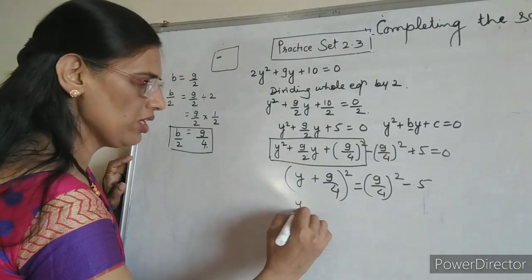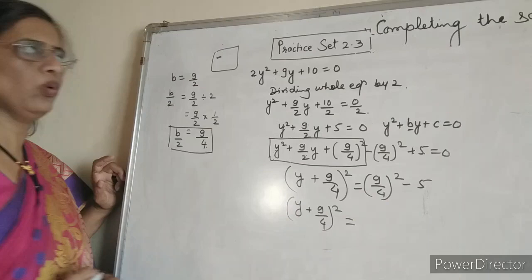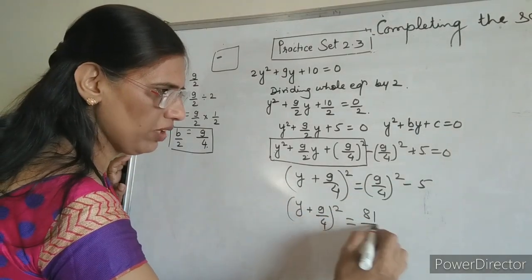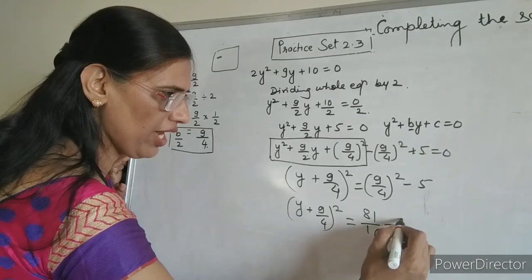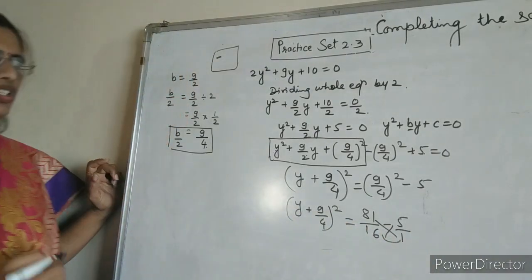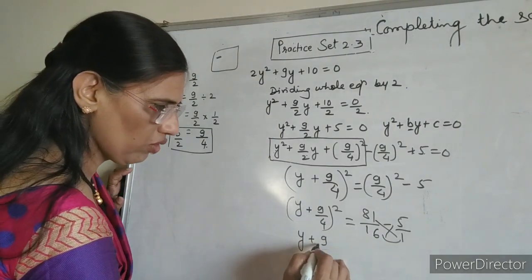Now (y plus 9 upon 4) whole square is equal to 81, since 9 square is 81, upon 4 square is 16, minus 5. Again denominators are not the same and therefore cross multiplication.